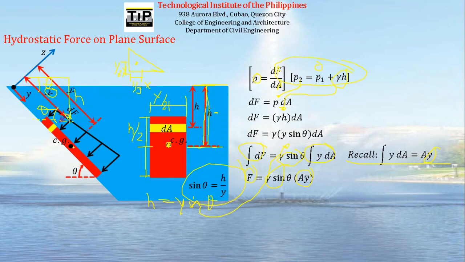Yun. So for the y-axis, since ito naka-slant, the y-bar will be from the z-axis, which is yung axis that's perpendicular from the surface, to the center of gravity.